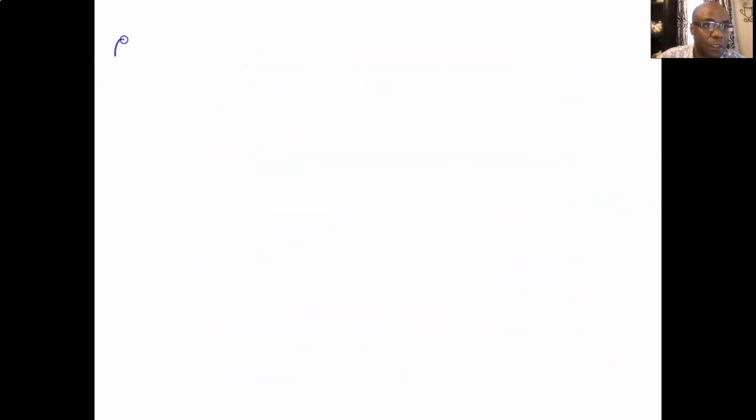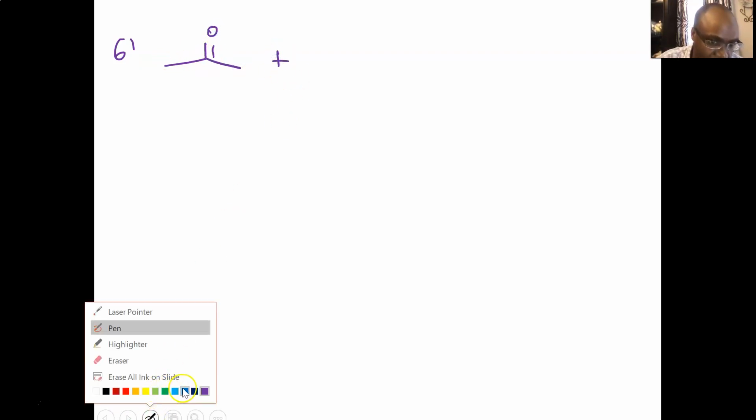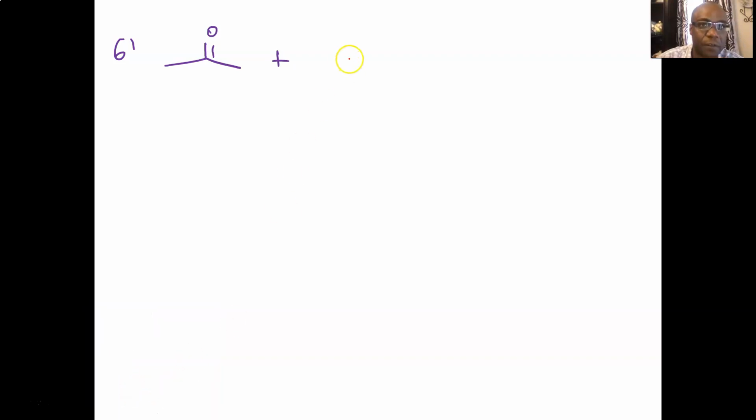Another reaction we talked about is addition of acetylene. So if you're given acetone, this carbon, and you're told that it should be reacting with a triple bond that's negatively charged, the triple bond could have any R group. So, you know, alkynes are acidic.